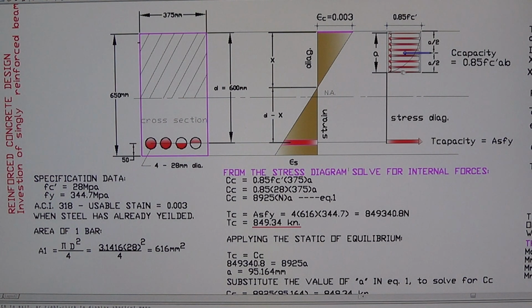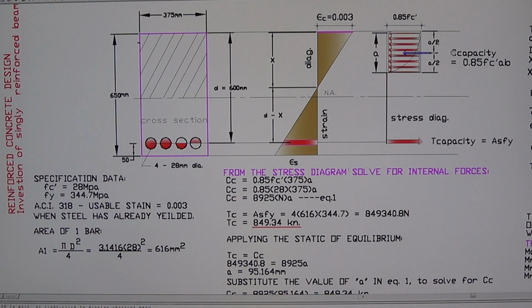This is now adopted all over the world and used in designing reinforced concrete beams. This is the original, and this is now the shape of the stress block in rectangular form. It's easier than the old one here.